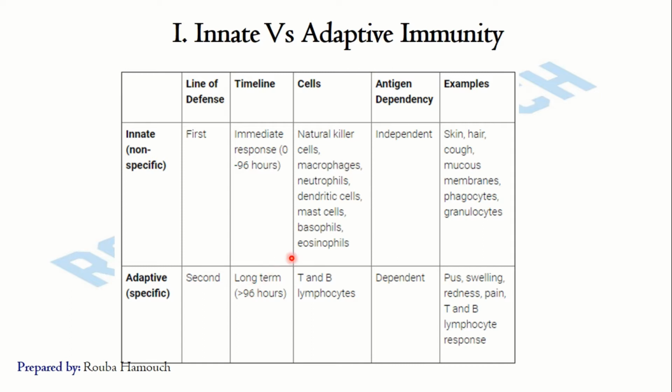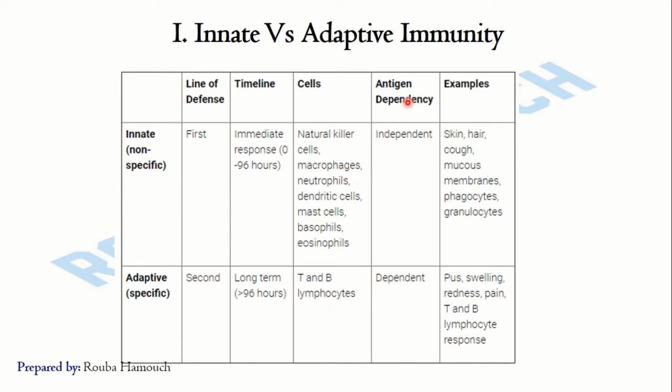Now, the effectors of the innate immunity are mainly macrophages and neutrophils. So the major processes are inflammation and phagocytosis, whereas the effector cells of the adaptive immune response are B and T lymphocytes.